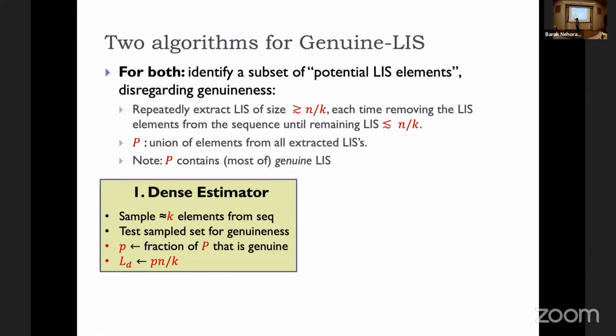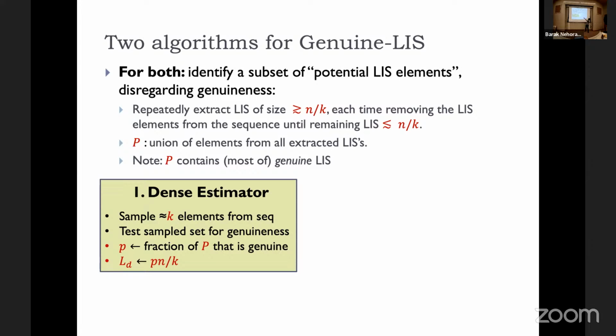Our estimate, that this is an LIS estimate in the density, will be that it is about p n. Why is it p n? Why is this the best estimate for the LIS? Because it could be that each time we extract an LIS of length n by k, p is the average fraction of genuineness inside the set.